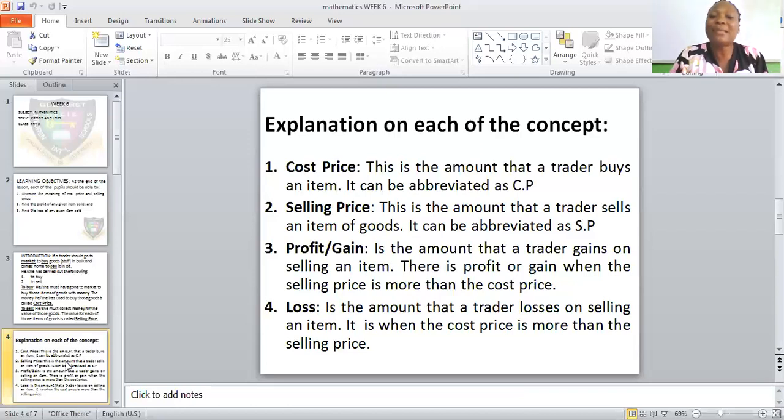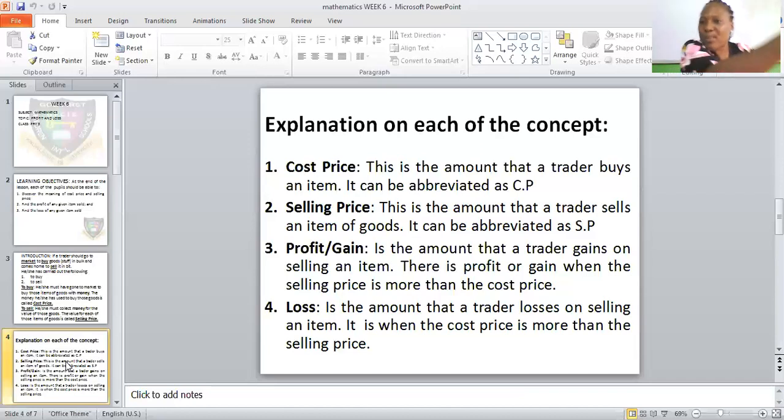Loss is the amount that a trader loses on selling an item. Loss is when the cost price is more than the selling price.